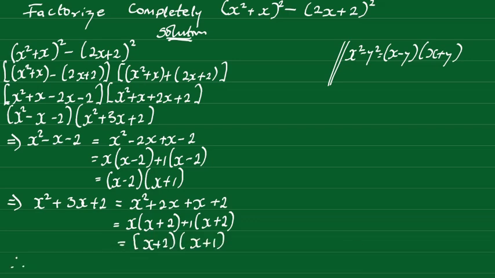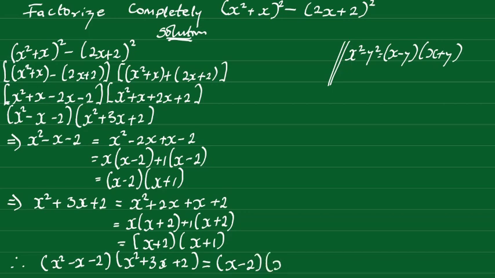Therefore, (x² − x − 2)(x² + 3x + 2) is equal to, bringing down our answer from our first bracket, (x − 2)(x + 1), while from our second bracket, we have (x + 2)(x + 1).